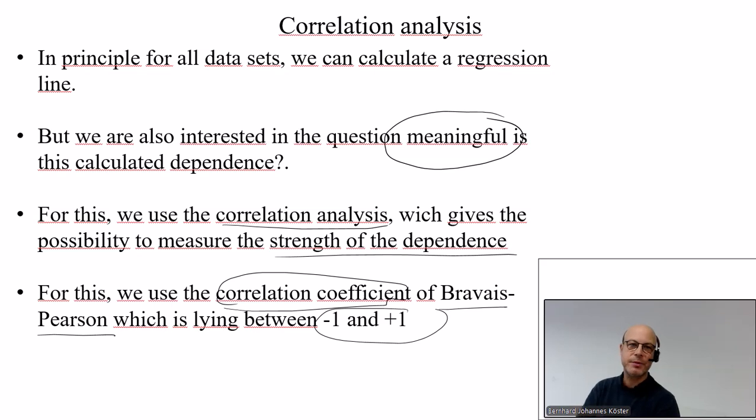So we have 100% fit, but with a negative slope, and the other way around, we obtain a +1 if we have an increasing dependence, and also on this increasing linear line, all data points are lying on this linear line.